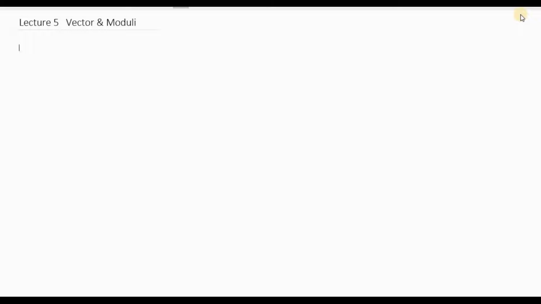So today in this lecture we are going to discuss the vector and the moduli. The first thing is the geometrical interpretation of a complex number.